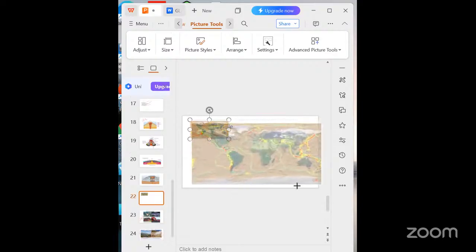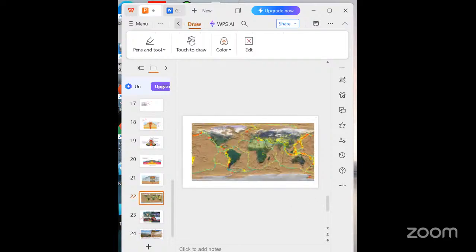Okay. So the volcanic activity is widespread over the earth, right? But tends to be concentrated in specific locations, right?